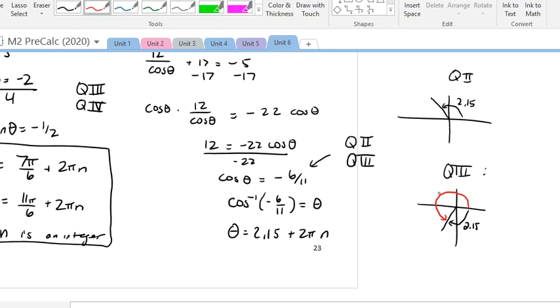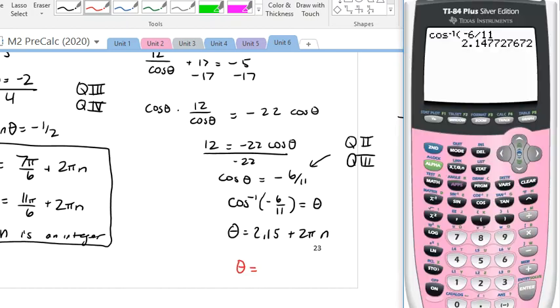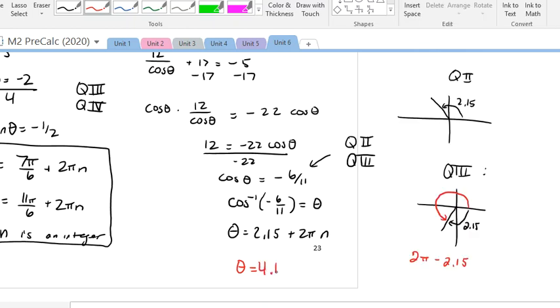You can see how this red arc and this black arc together make a whole circle. That's why I'm going to do 2 pi minus 2.15 here to find the other angle. So 2 pi minus 2.15 comes out as 4.13. 4.13 plus 2 pi n, where n is an integer.